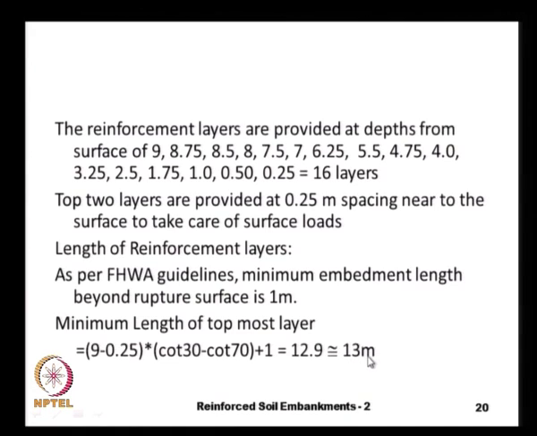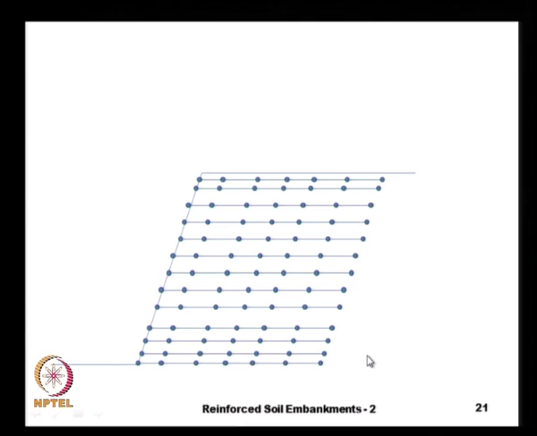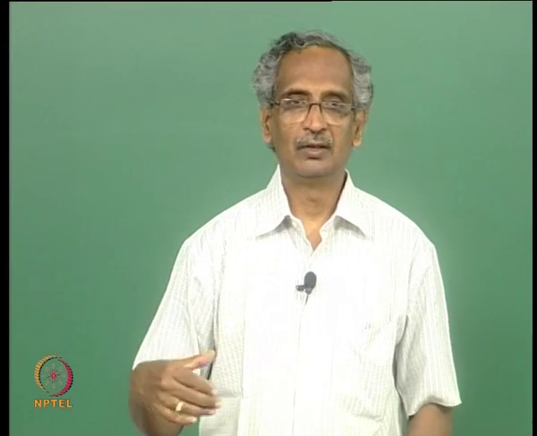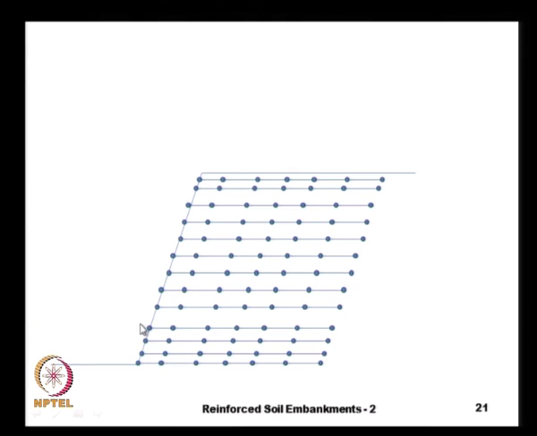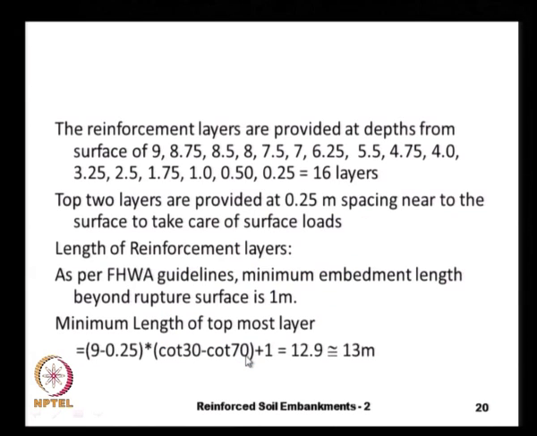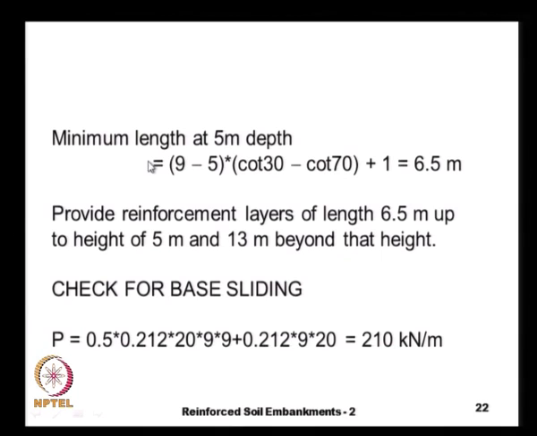Now we need to check whether this 13 meters length is adequate from other considerations, and this is the schematic of the different reinforcement layers. We have totally 16 layers provided at different depths, as indicated here, and let us calculate the minimum length required at some other depths.